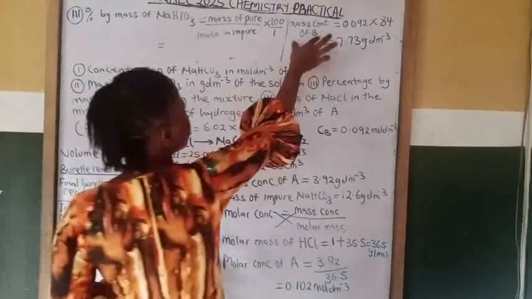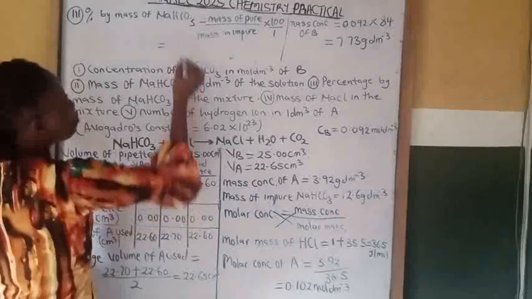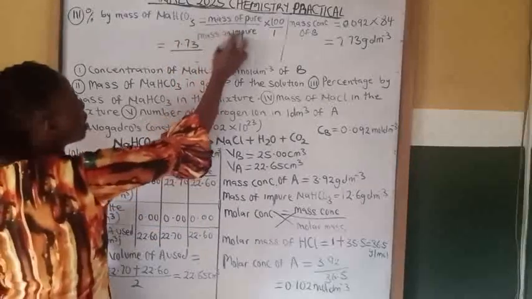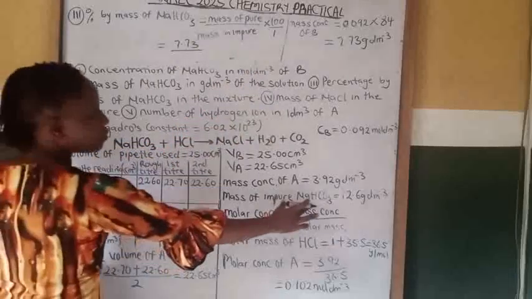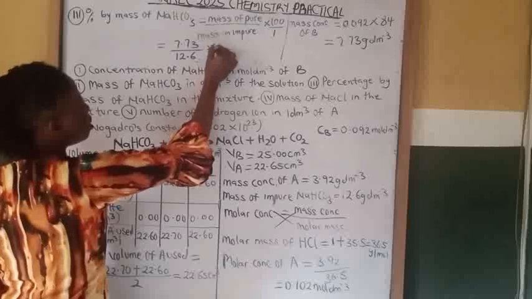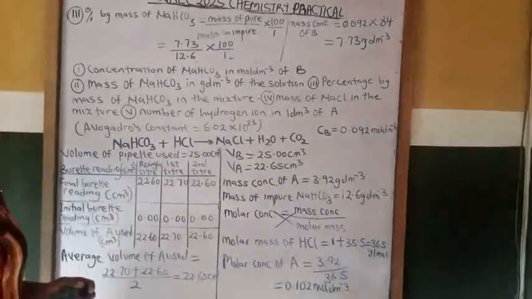So what is the mass concentration of sodium hydrogen carbonate? That is 7.73. So the mass of pure is 7.73, divided by the mass of impure, which is the mass of the mixture, 12.6, times 100 over 1. What will be our final answer?